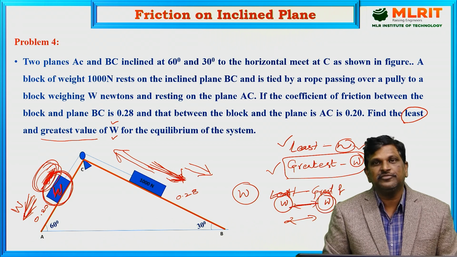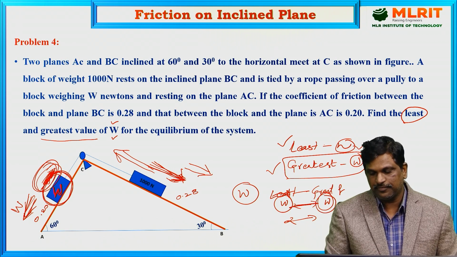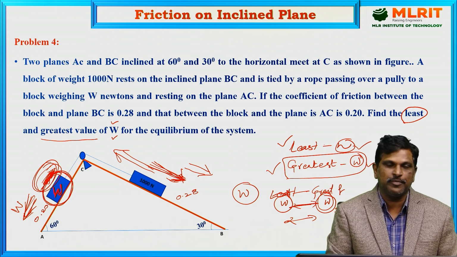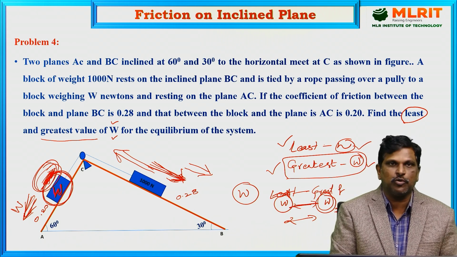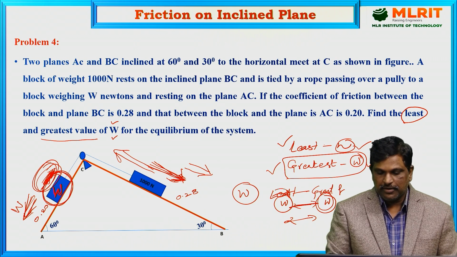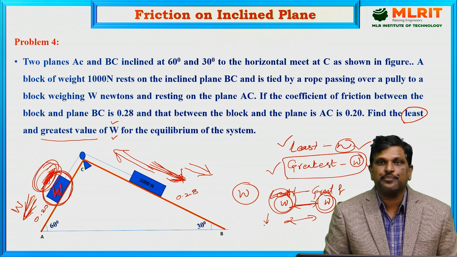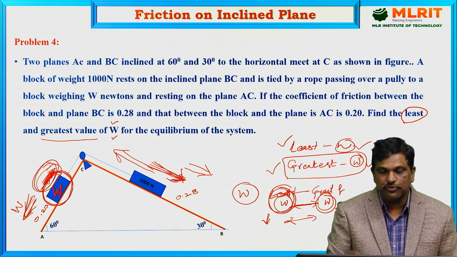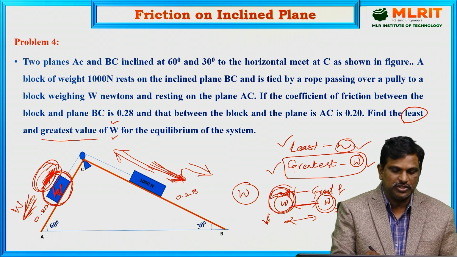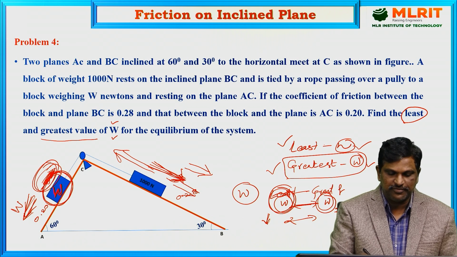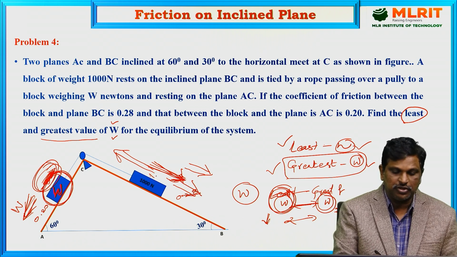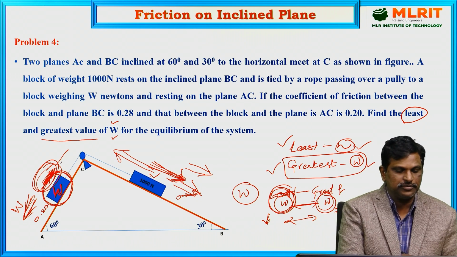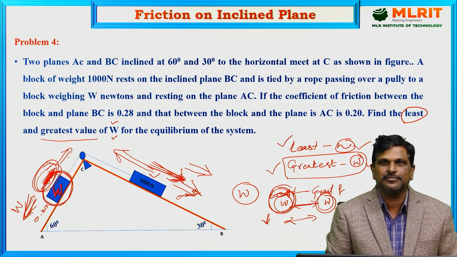If the weight increases further, the system will lose static equilibrium and the W Newton block moves downwards. And if you further reduce the value of W below its least value, then the system will move in such a way that the 1000 Newton block will move downwards and W will move along with it in the upward direction.